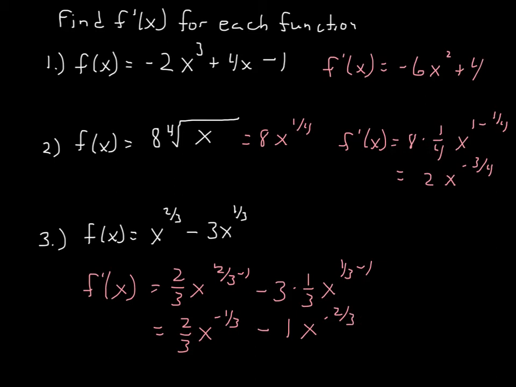So there's the derivatives of those three problems. Hopefully, take a look back. If you didn't get those to match, take a look at what I have on there. And if you did get them to match, great job.